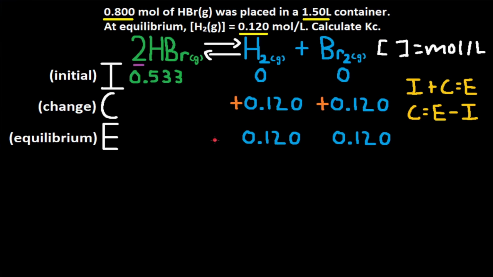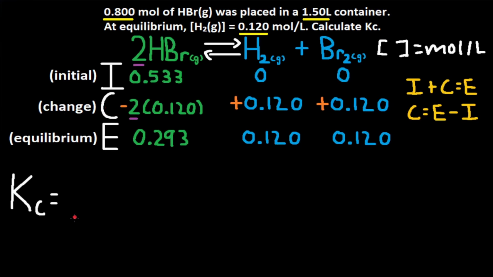HBr is on the other side, the reactant side, so we have a negative change of 0.120, and it has a coefficient of 2, so the 2 will multiply the change. Initial plus change is equal to equilibrium, so 0.533 plus negative 2 times 0.120 will get us the equilibrium value. Now that we have all the equilibrium values, we're going to write the equilibrium constant expression Kc.